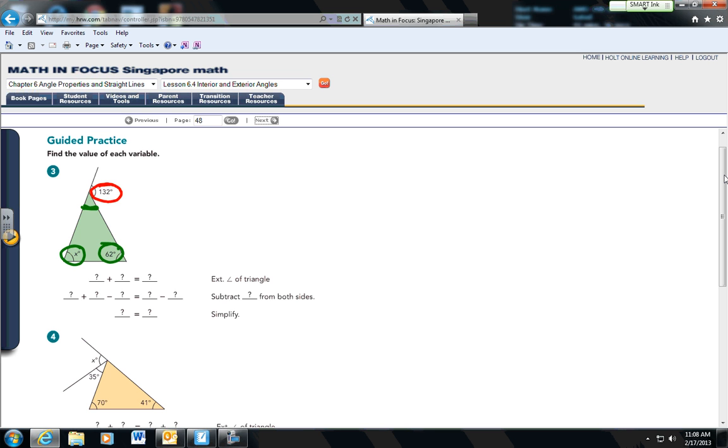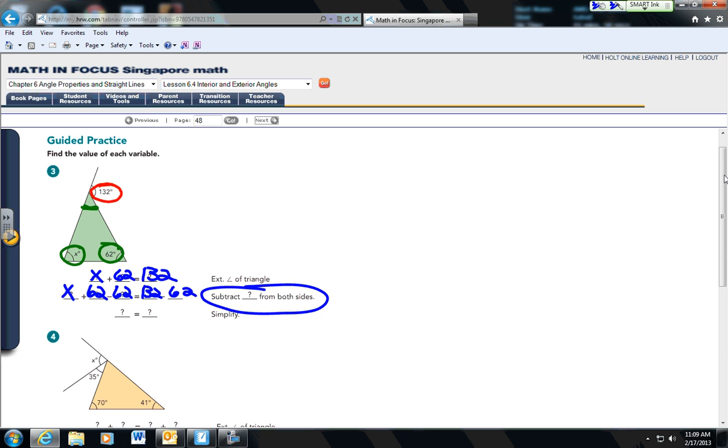So that's what they're asking us to put in right here, that x plus the 62 has to equal 132. Then just solve your equation. X plus 62, we want to get x by itself, so to get rid of plus 62, you subtract 62 from both sides.